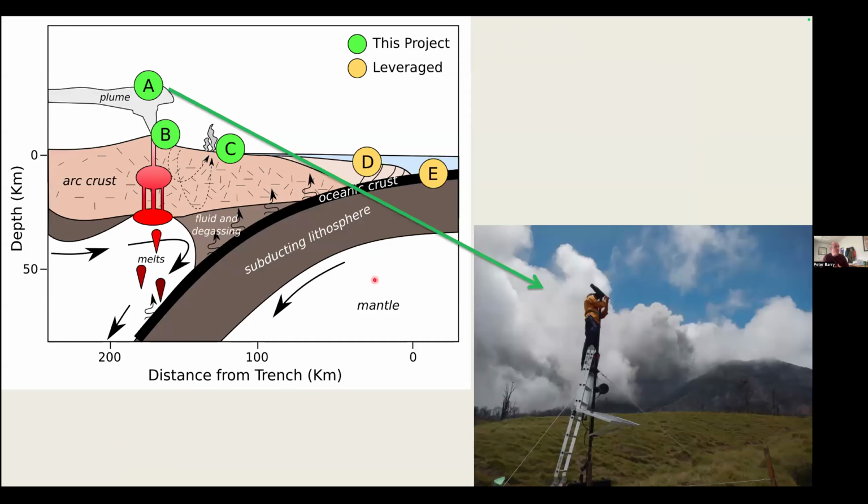So how do we understand and study volatile cycling in subduction zones? Well, we actually go to subduction zones, and today I'm going to talk about work that we've done in Central America, in Costa Rica, and then some work in South America, in Chile, Argentina, and Peru. What we do is we go and try to make measurements of volcanic plumes as the gases are erupting.